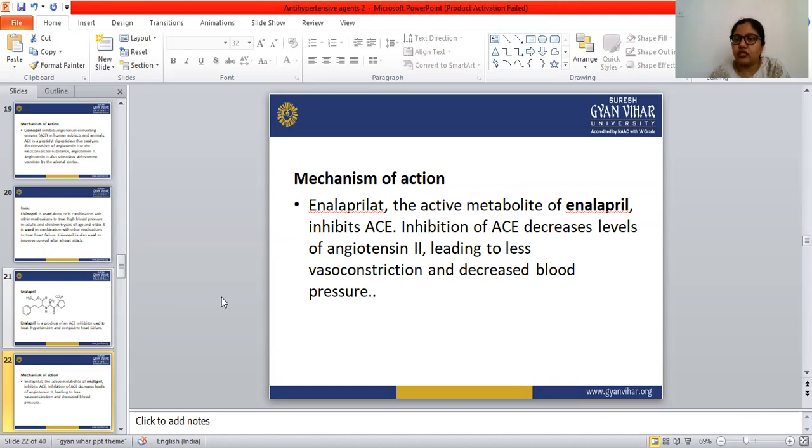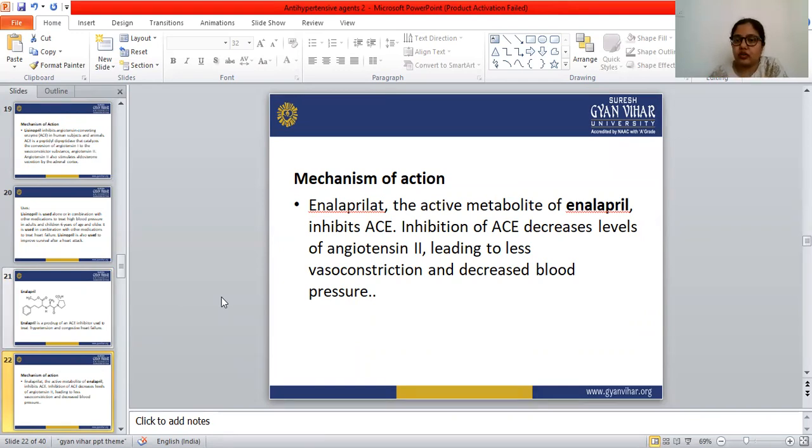When the patient takes enalapril, it is converted into enalaprilat, and that inhibits the angiotensin converting enzyme. Inhibition of ACE decreases the levels of angiotensin 2, leading to less vasoconstriction and decreased blood pressure. Enalapril is the main drug, that is a prodrug.